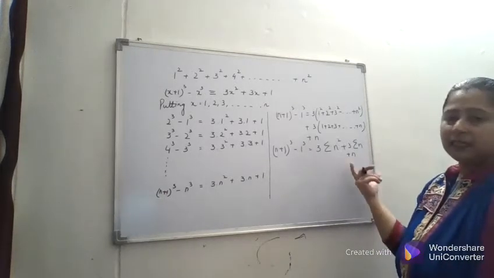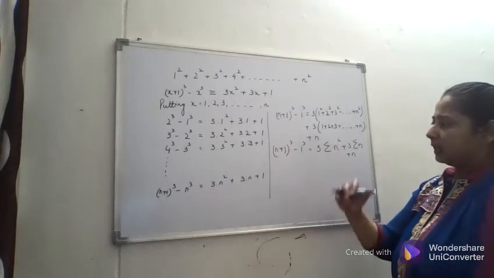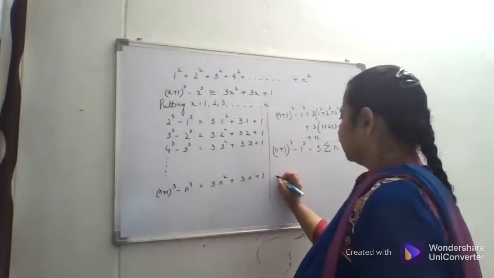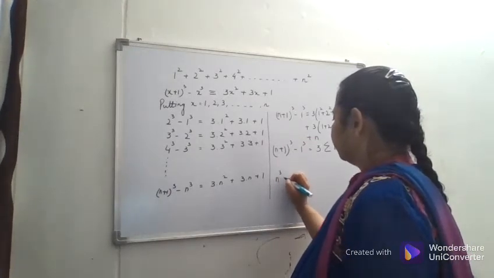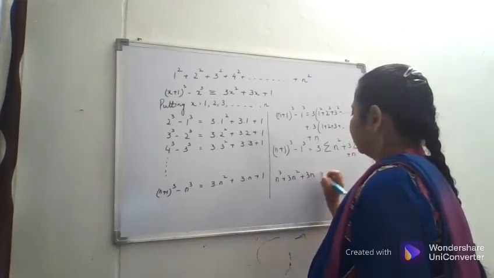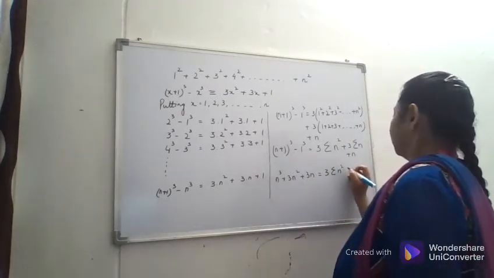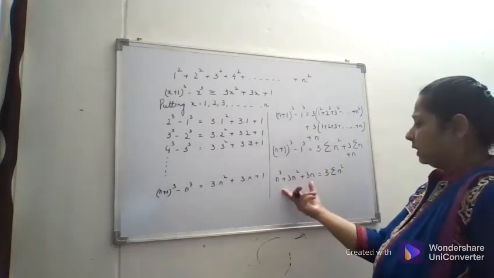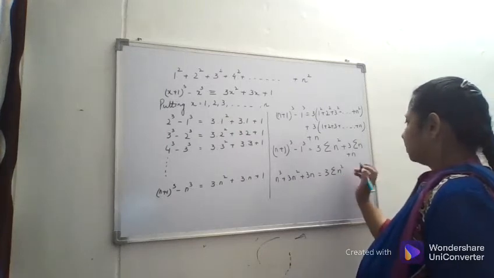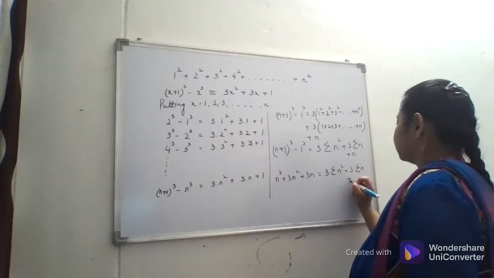So when you add them up, you get this. Now putting these values, we get (n plus 1) cube, that is n cube plus 3n square plus 3n, is equal to 3 into sigma n square. 1 cube gets cancelled out and we get the other terms: 3 into sigma n square plus 3 into sigma n plus n.